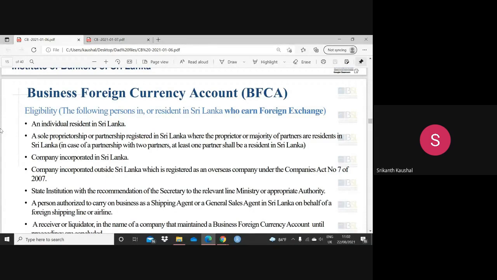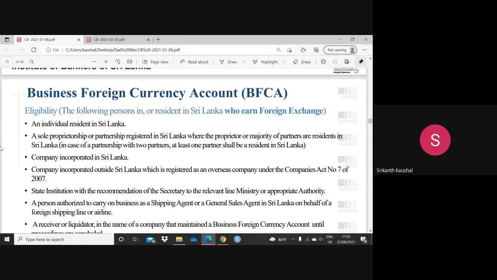Okay, we are moving on to the business foreign currency account. A business foreign currency account could be opened only by any person who earned foreign exchange. Remember the word, I have bolded it: earned foreign exchange. So he has to earn. It's not somebody giving dollars. He has to earn.